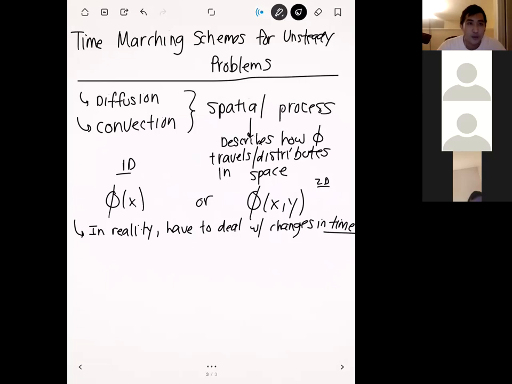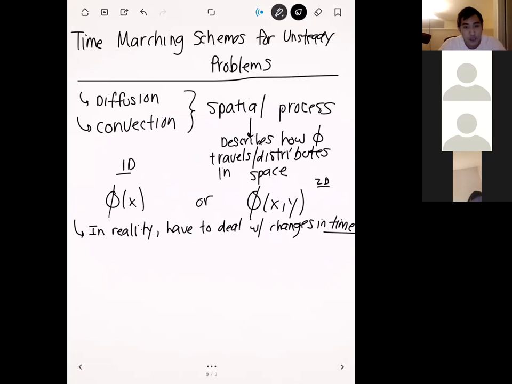Another example, maybe in more of an engineering sense, maybe you're modeling the airflow on an airplane as it takes off from the ground, right? And so as the altitude of the airplane goes up, and as it leaves the ground and levels off, the airflow around that airplane is going to change with time. Okay. And so right now we're not equipped to deal with these things because we can only deal with steady state situations. And so in order to deal with unsteadiness, we basically need a new set of techniques.